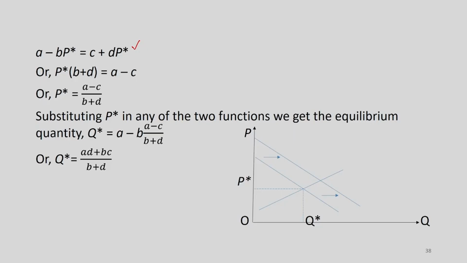I am writing P star instead of P because in equilibrium the price takes that particular value P star. Then we simplify this a bit and we get a minus c is equal to P star multiplied by b plus d, and so P star is equal to a minus c divided by b plus d. So, this is the equilibrium price.